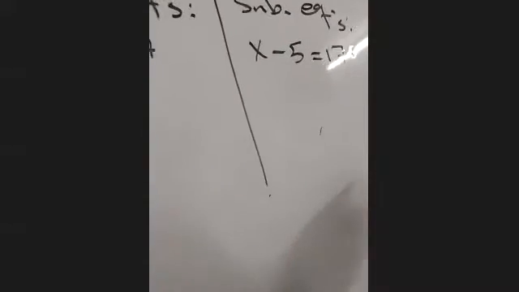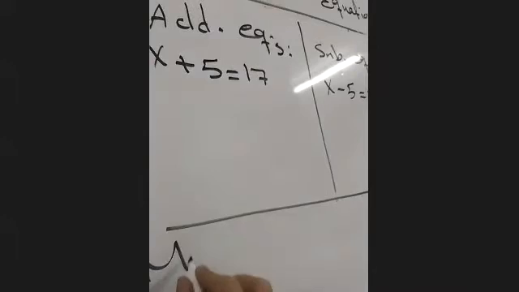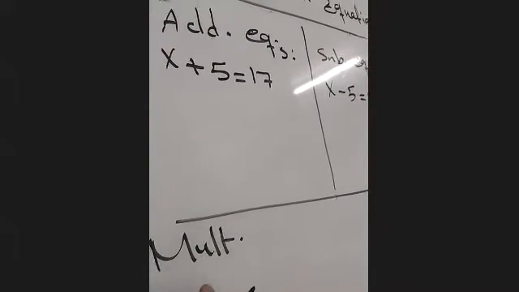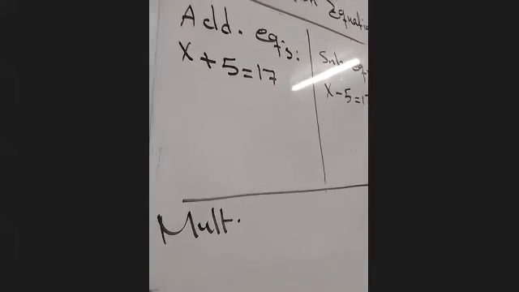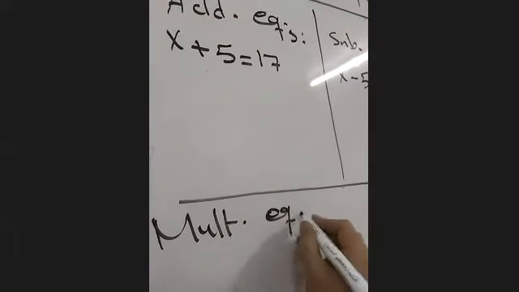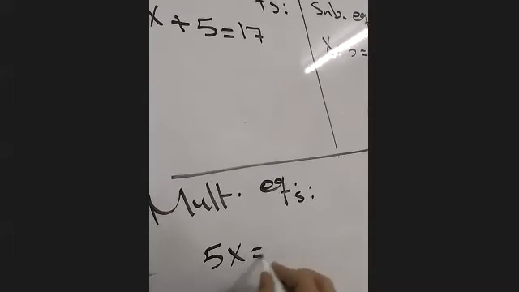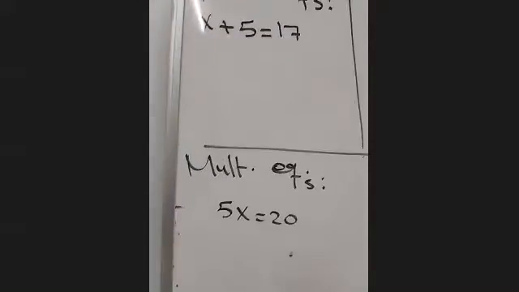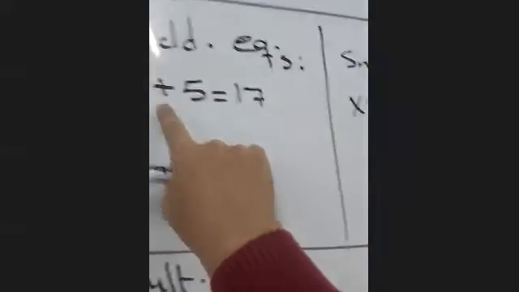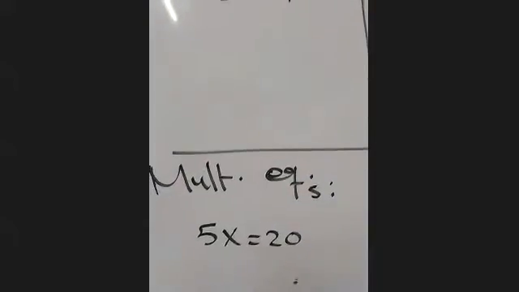And we took in the previous lesson the third type, multiplication equations, something like 5x equals 20. Here, addition equation, subtraction equation, multiplication equation.